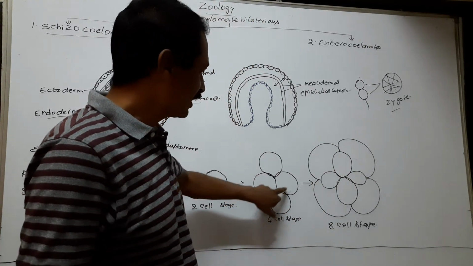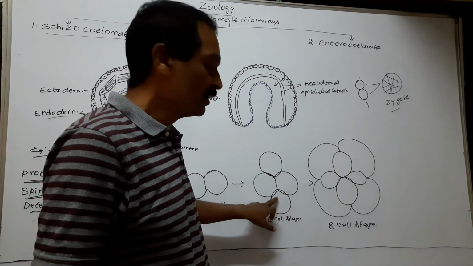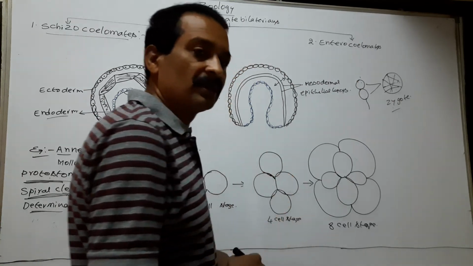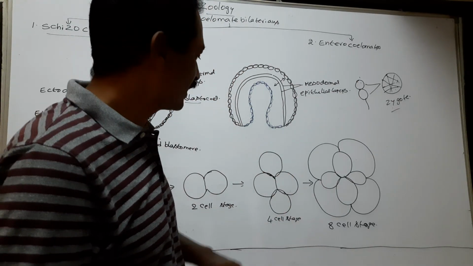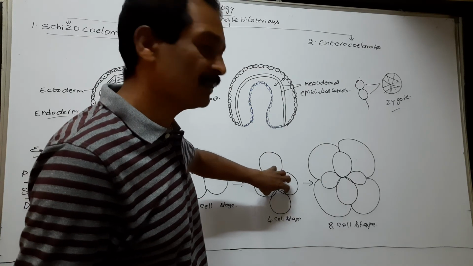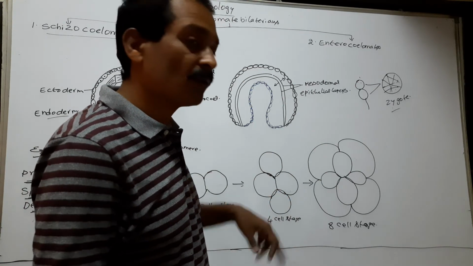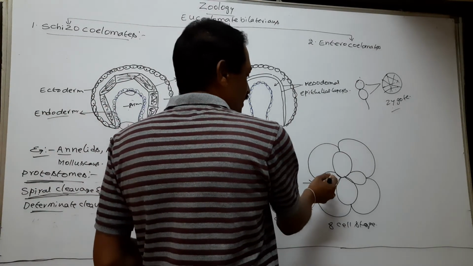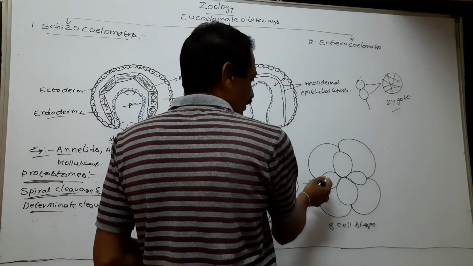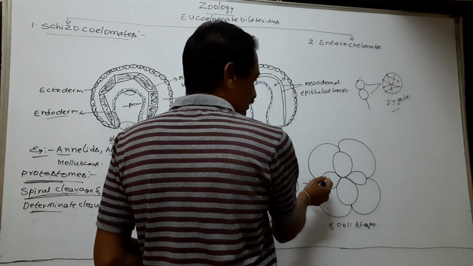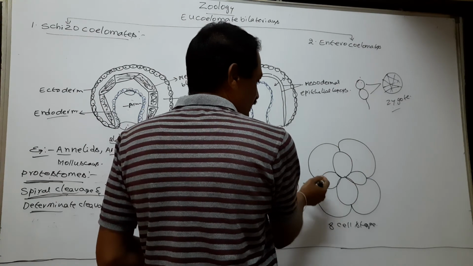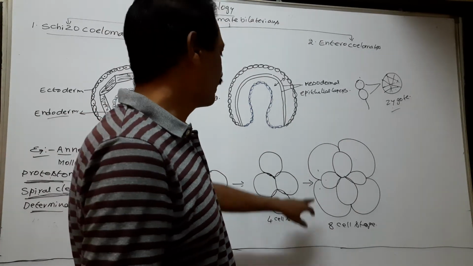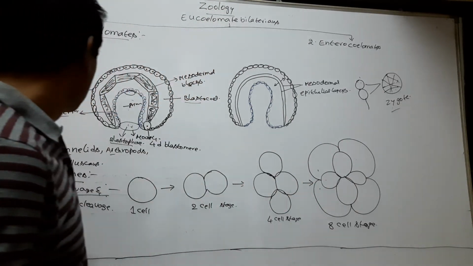The first 4 cells are arranged in this pattern. The next 4 cells are arranged above the previous 4 cells. In this arrangement, each new cell is arranged at the junction of 2 previous cells. This type of cleavage is called spiral cleavage.